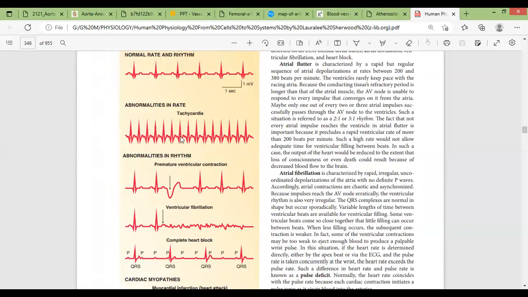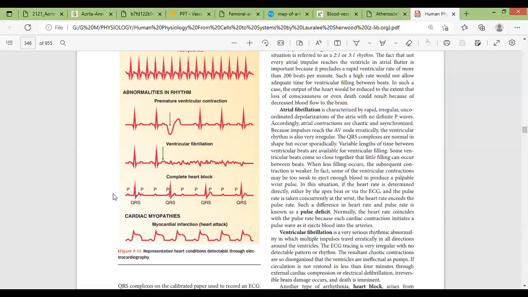So in tachycardia, you're seeing they're all squeezed in together here. In tachycardia they are narrow, and then in bradycardia they'll be wide. Bradycardia, now this is a complete heart block, but before a complete heart block is bradycardia, so they'll be wide. The distance between the QRS waves will be wider.